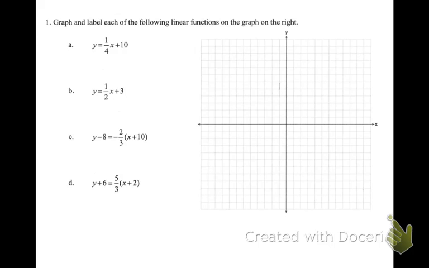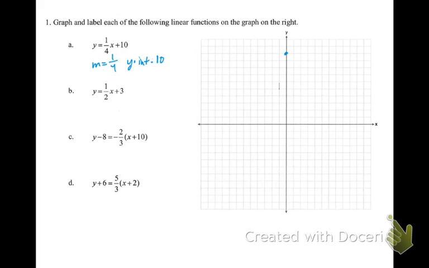Okay, so you may notice that the first equation, the linear function, is in slope-intercept form. The slope is 1/4, and the y-intercept is 10. So you can just graph this one by plotting 10 on the y-axis. Since this is a 12 by 12 grid, I'm going to put a dot on 10.